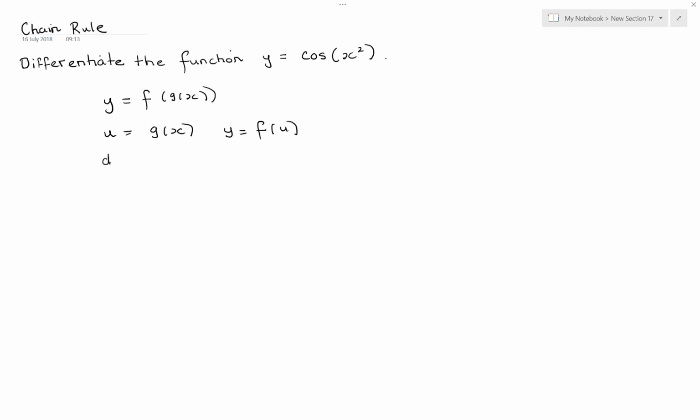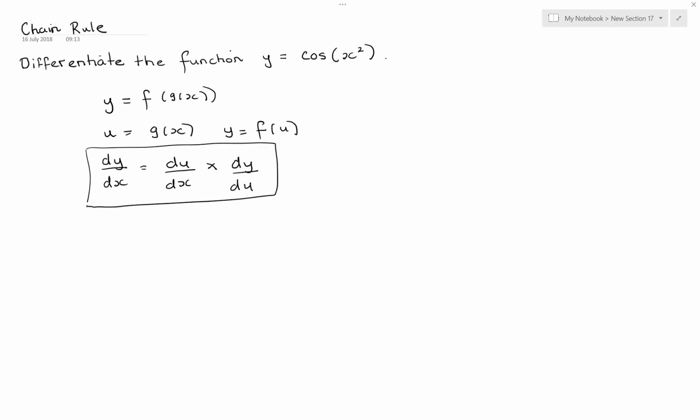And then to find the derivative, dy by dx, it's going to be du by dx. So differentiate the function inside the other function, and then multiply by dy by du. So this result here is our chain rule. I think it's easier to illustrate it with the example.